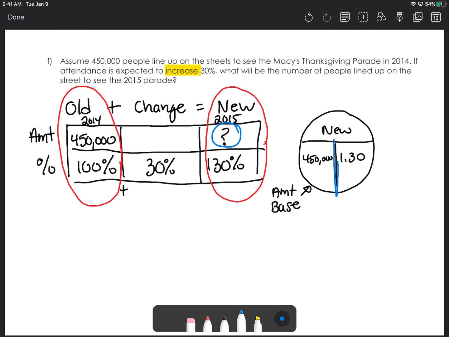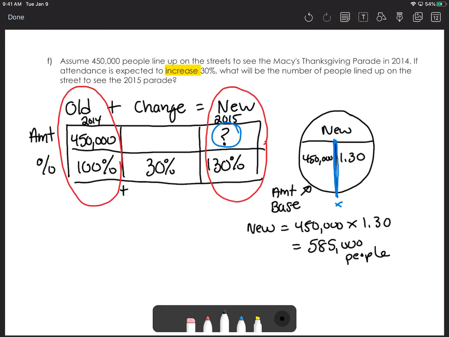Because the two values that I know are being separated by the multiplication line, I'm going to multiply to find the new value. So the new number of people is going to be 450,000 times 1.30. And when I do that, I'm going to get 585,000 people.